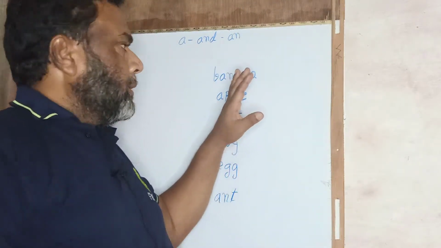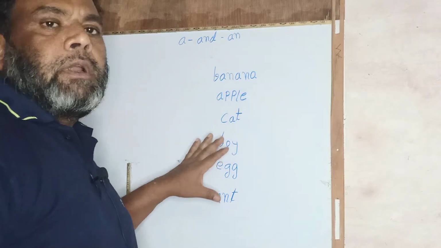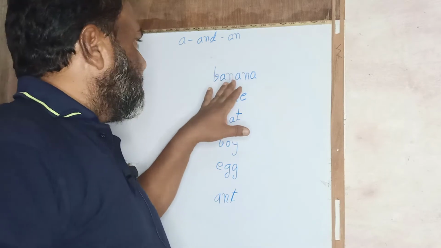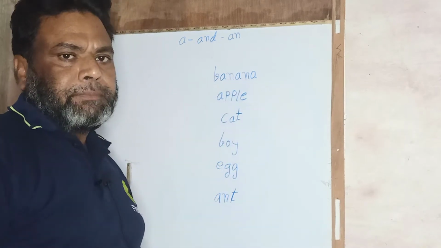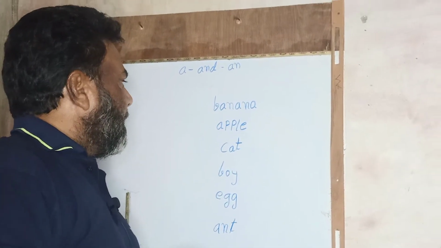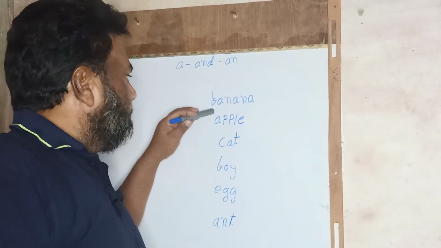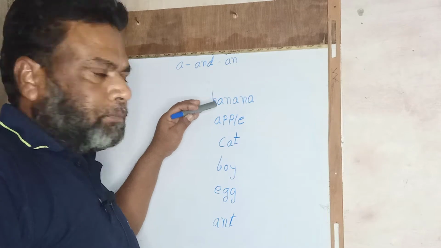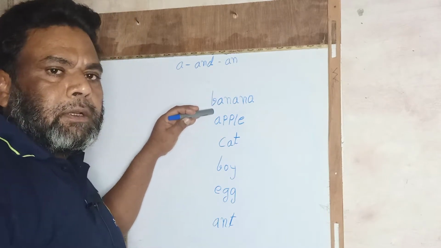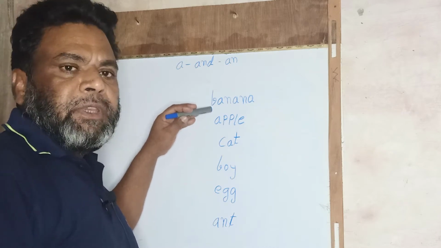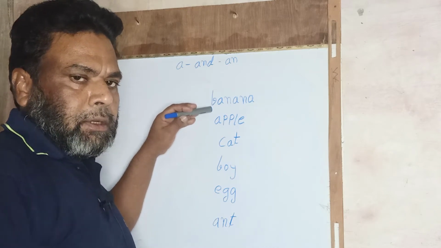Look at this board. Here I write some nouns. The first noun is banana. Banana starts with B. This letter B is a consonant.